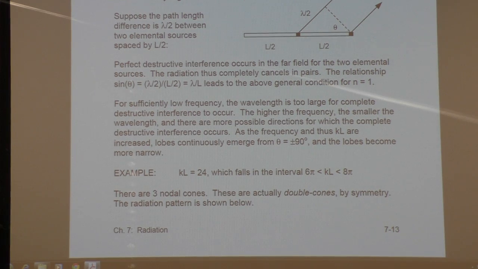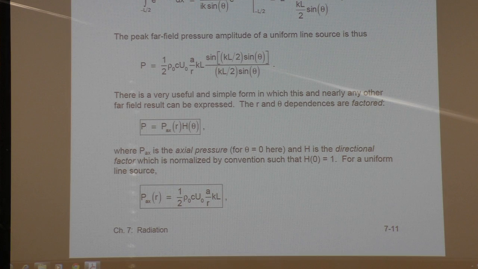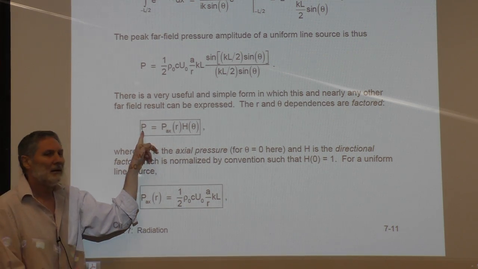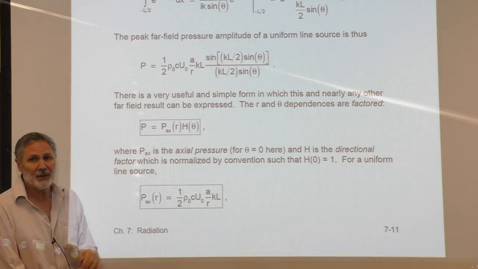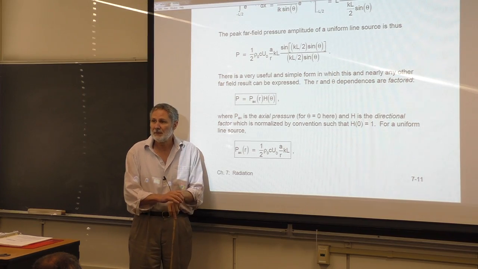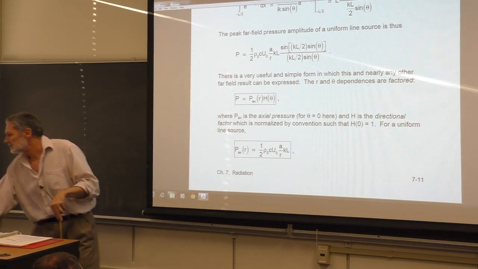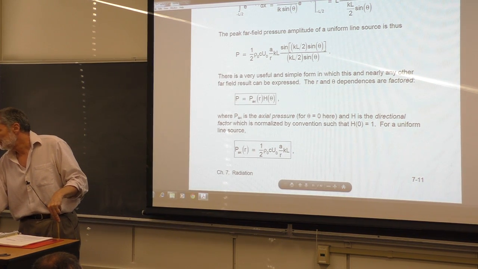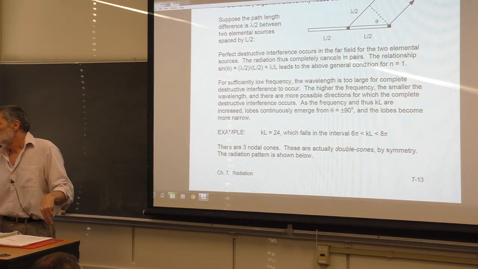Where does the directional factor come from? Way back here. It's pressure, not intensity. Okay, that's why it's 20. It's an amplitude. It's telling you what the amplitude is, not the energy or the intensity. So that's why it's scaled by 20 dB.